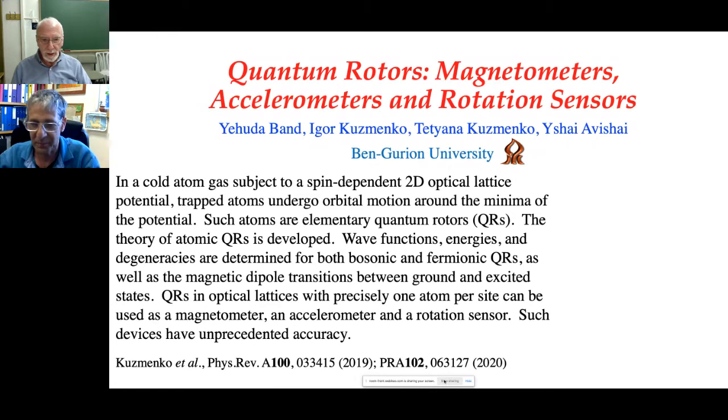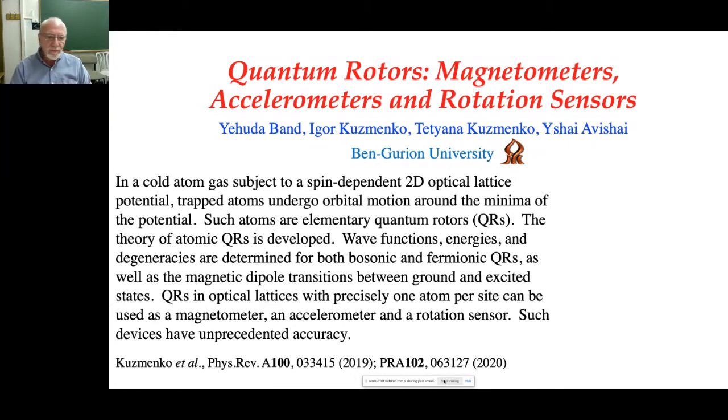Thank you, Yossi, and thanks to the organizers for inviting me to this conference. I want to tell you a little bit about how to make quantum rotors. Quantum rotors are basically systems that have a disk-shaped density of states.